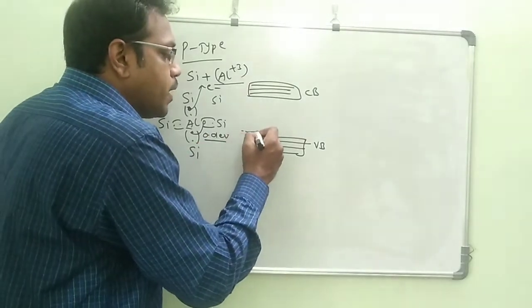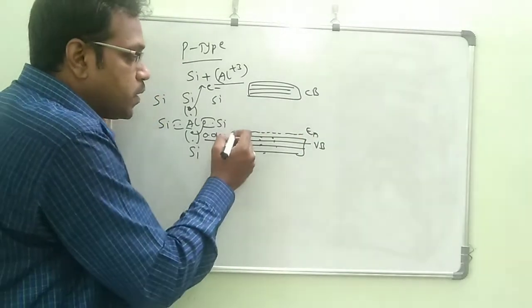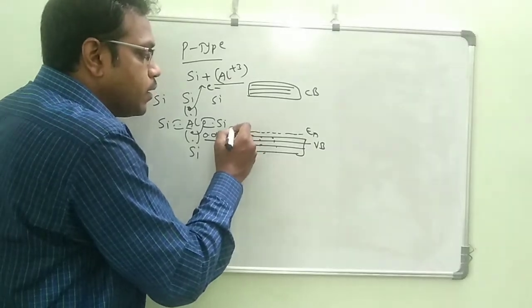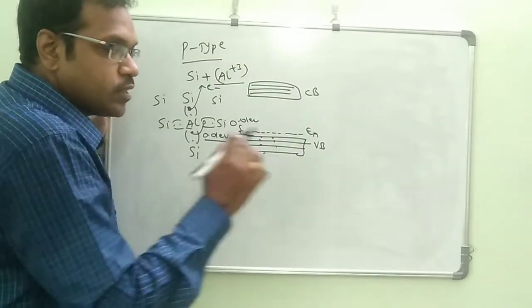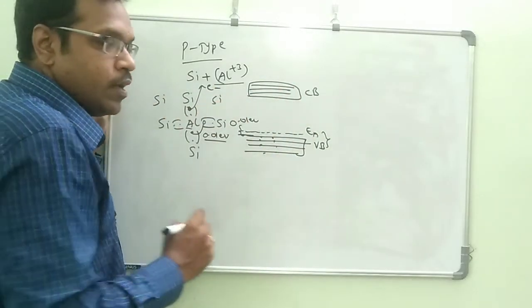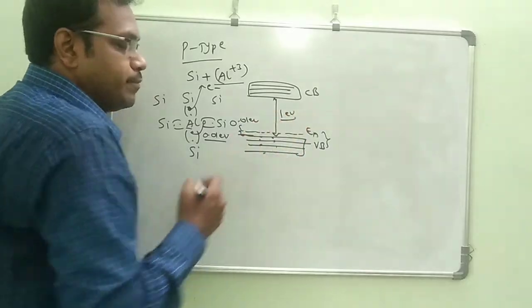The distance between the valence band and the acceptor energy level EA is 0.01 eV, and the gap to the conduction band is on average 1 eV.